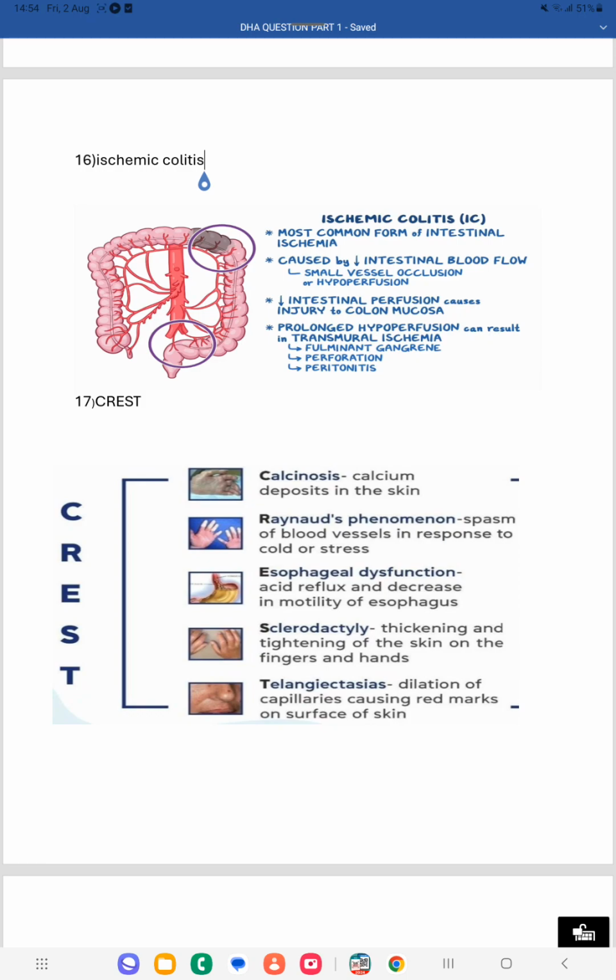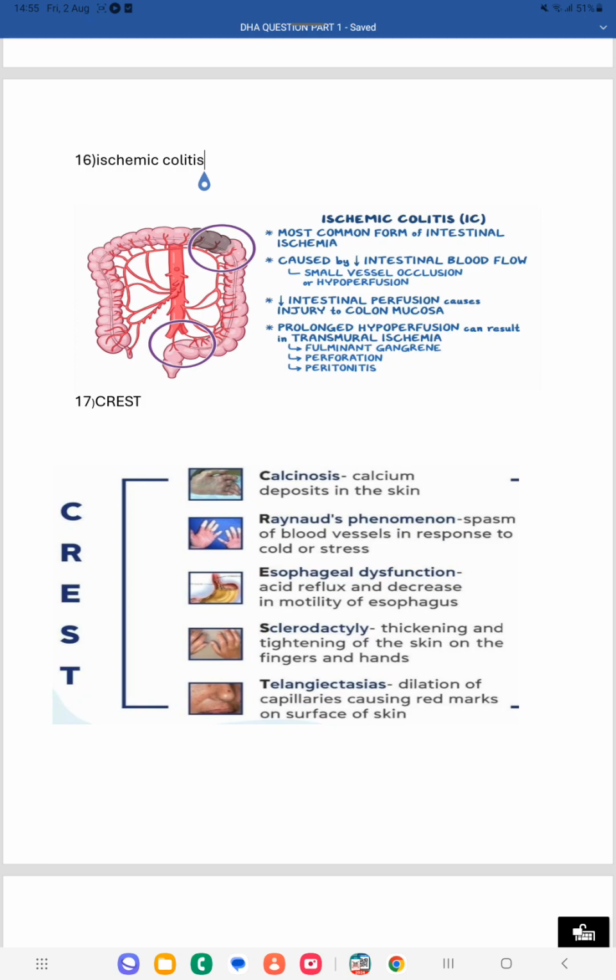The WBC count will be increased because of these inflammatory changes. And you can do CT scan, endoscopy, colonoscopy, flexible sigmoidoscopy. So these are the investigations we can do for confirming ischemic colitis. These are the main things related to ischemic colitis.